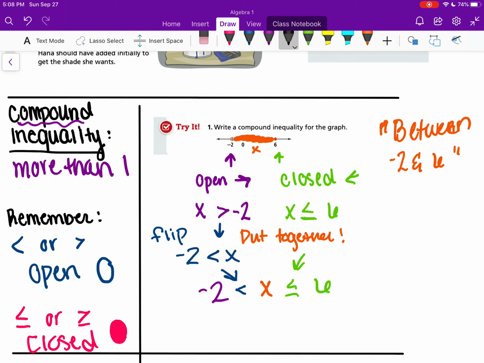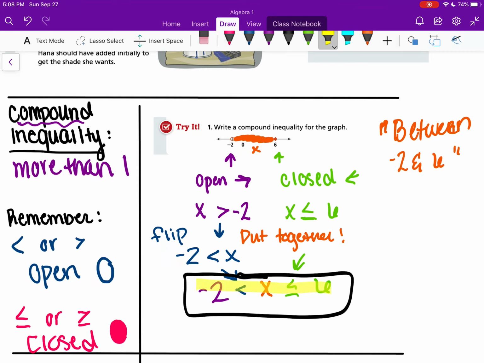And now I have this one compound inequality that says -2 is less than x is less than or equal to 6. By putting this together, I am saying that x is between -2 and 6.